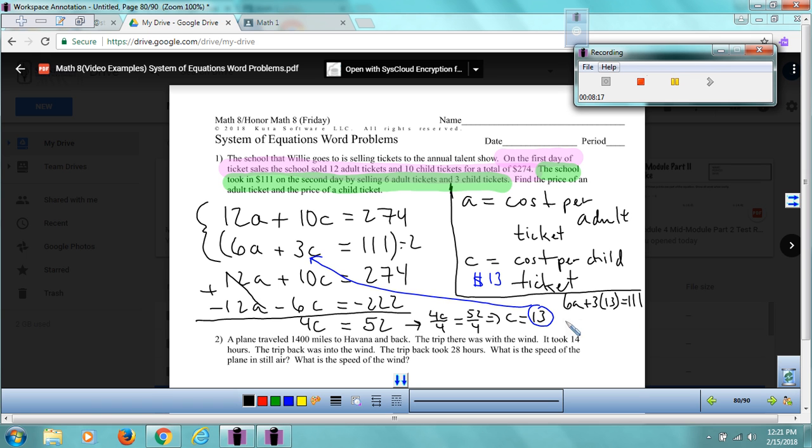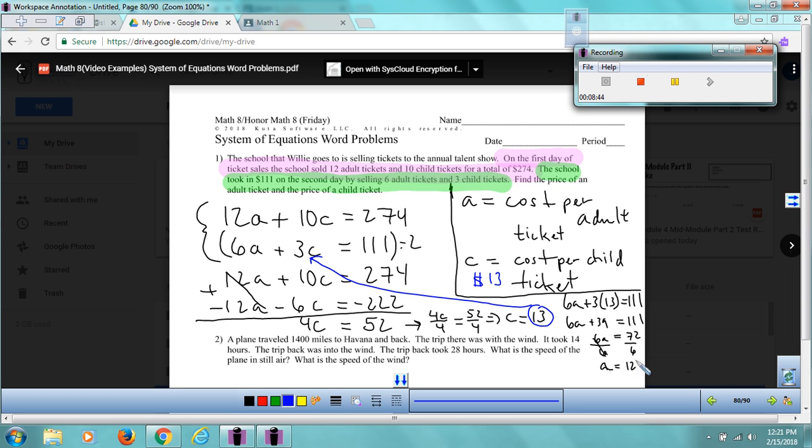Well, 3 times 13 is 39. From 111, we're going to subtract 39 from both sides, and when we do that, we get 72, and when we divide both sides by 6, we get 12.